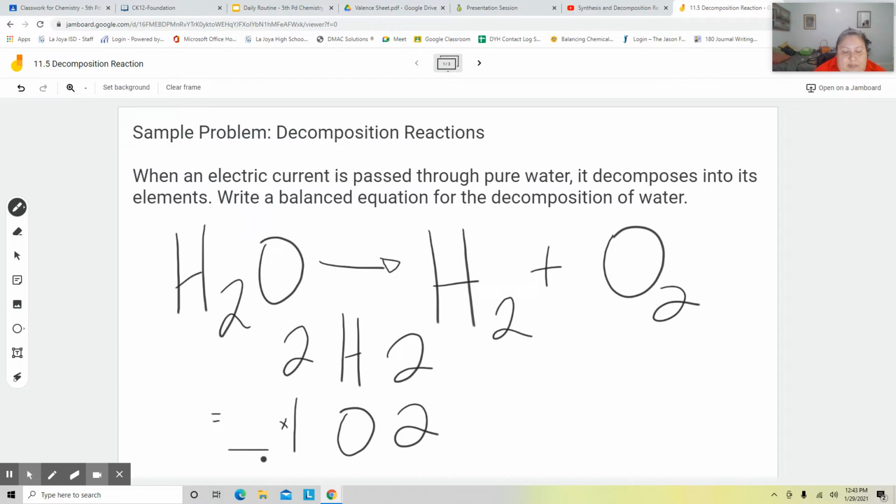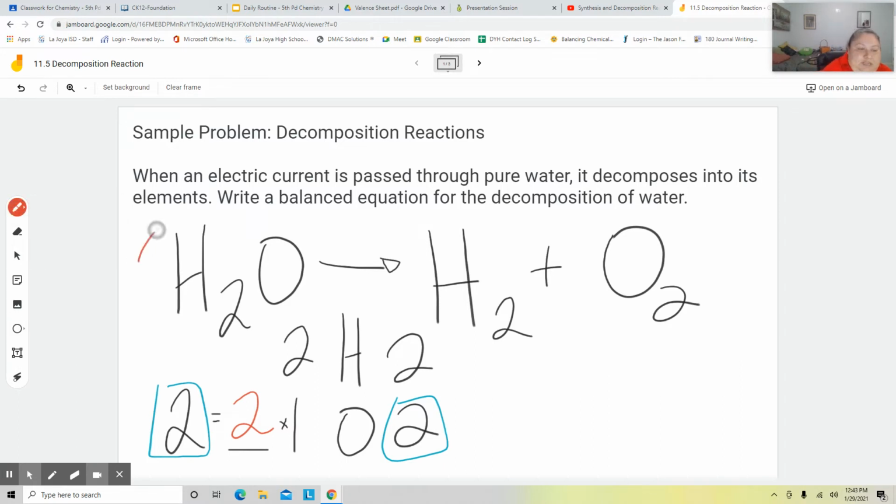I need to multiply it by 2 in order to balance. I always like to do it in different colors. Okay. I need to multiply it by 2, right? Why? Well, it's all because I need these numbers to match, right? Before they didn't. Now they do.